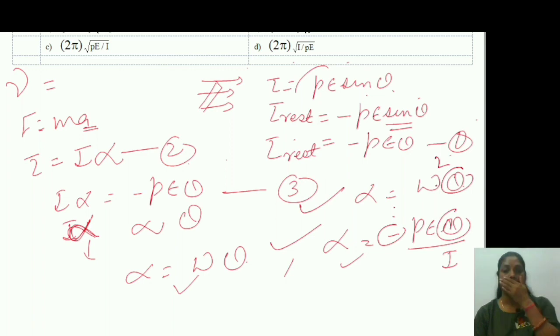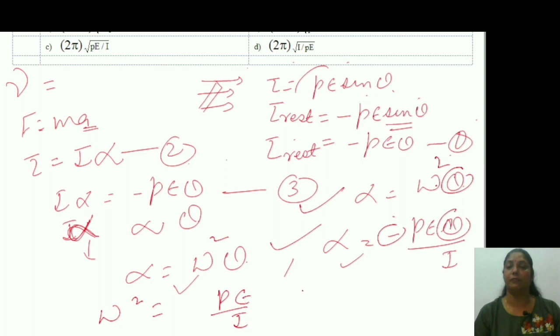So this omega square becomes what? PE by I. And from here you can find omega. Omega is under root PE by I.